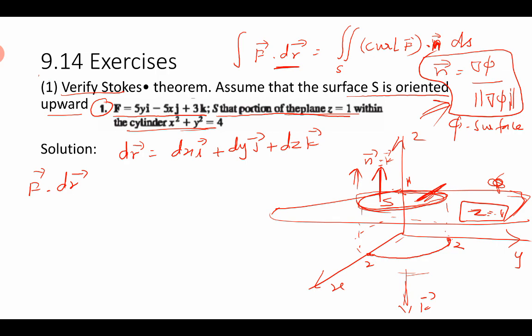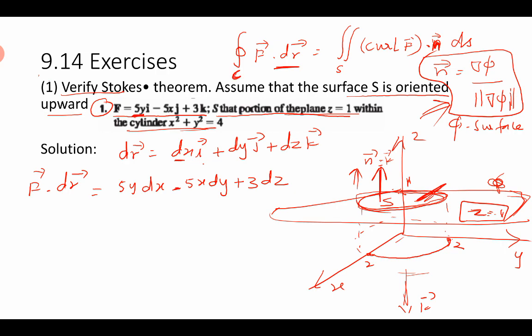F dot dr is 5y dx minus 5x dy plus 3 dz. This is the closed integration over the curve.